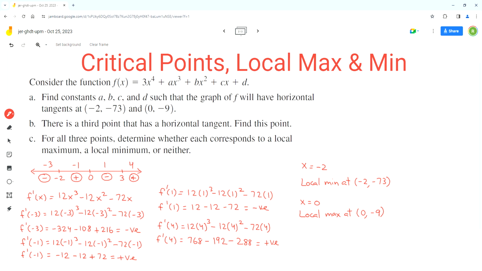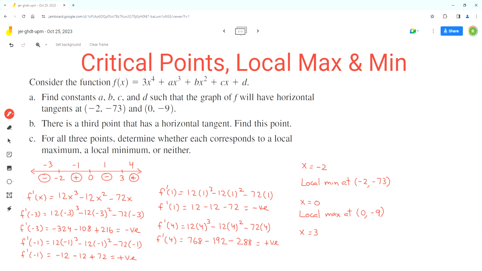Now we can analyze the third critical number, x equals 3. To the left side of 3, the function is decreasing, and to its right side, the function is increasing.